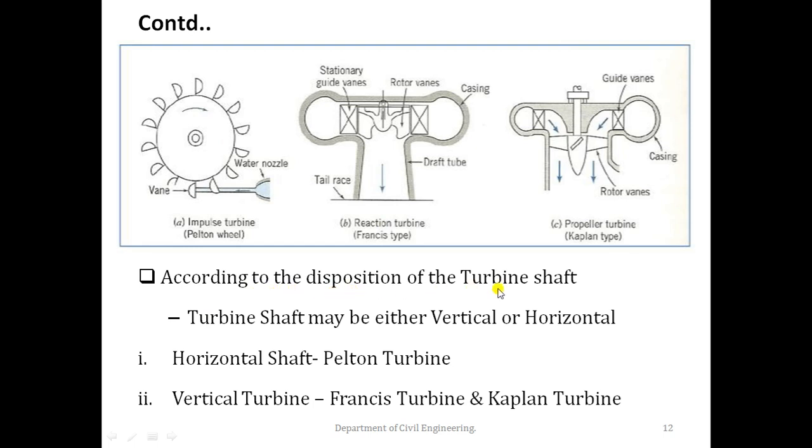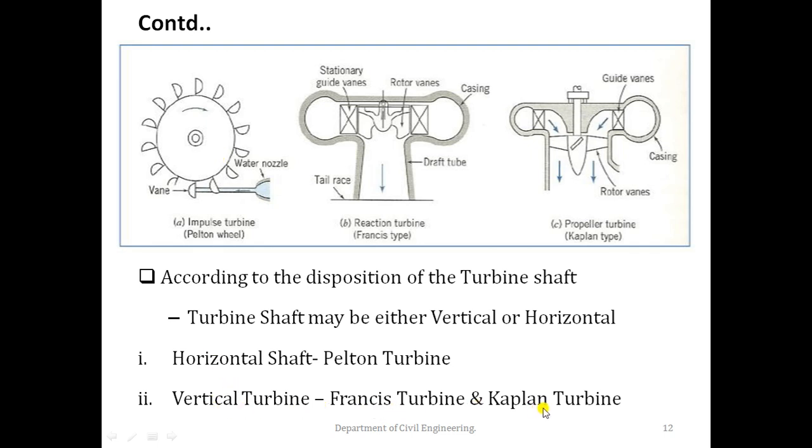According to the disposition of the turbine shaft, turbines have been classified based on whether the shaft is vertical or horizontal. So Pelton turbine may have a horizontal shaft. So in this figure you can see that the inner circle, which is actually the shaft of the turbine, is horizontal and it is perpendicular to the plane of the surface.